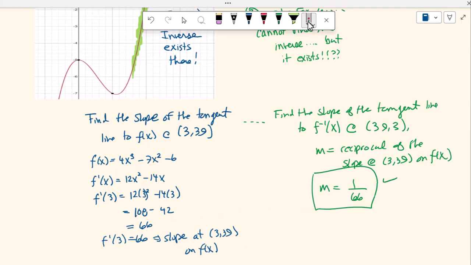So I really enjoyed this section. When I first started looking through it, I did not like that notation. I don't like that formula a lot because it's a little bit more confusing. It almost makes it seem worse than it is, but it's really not that bad.